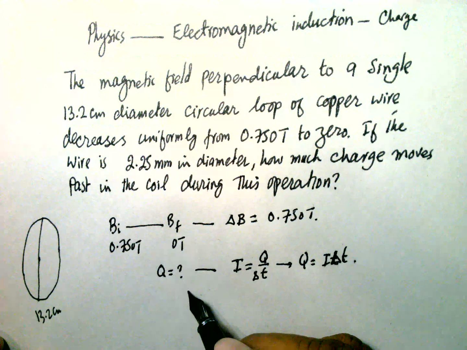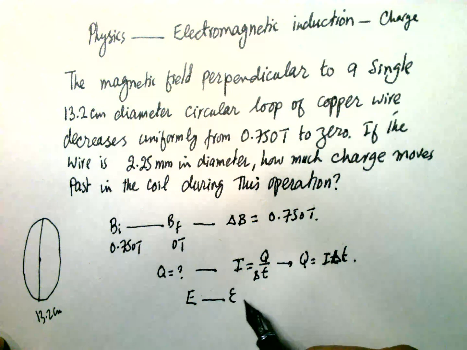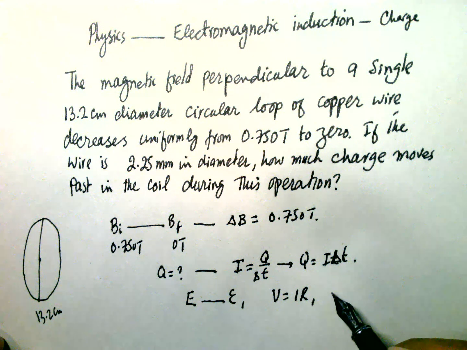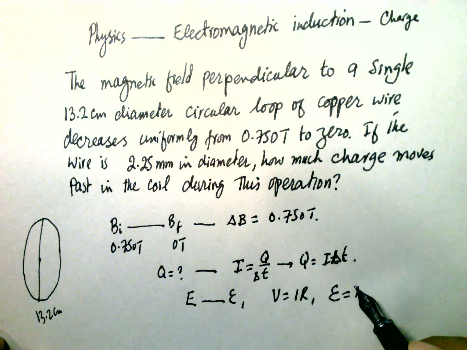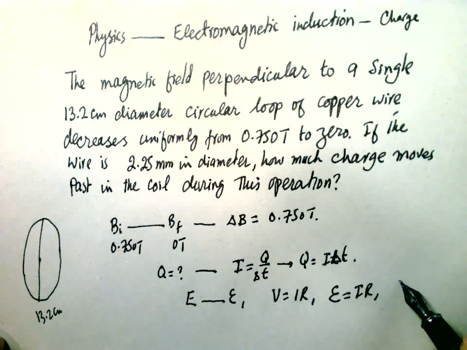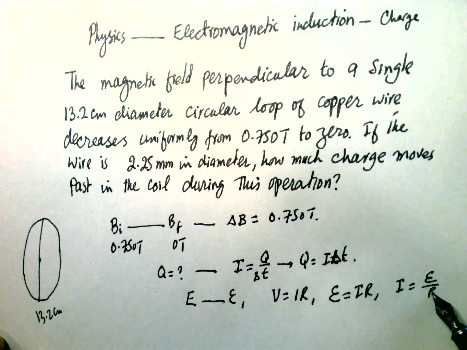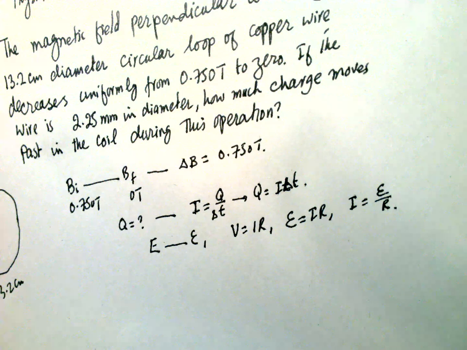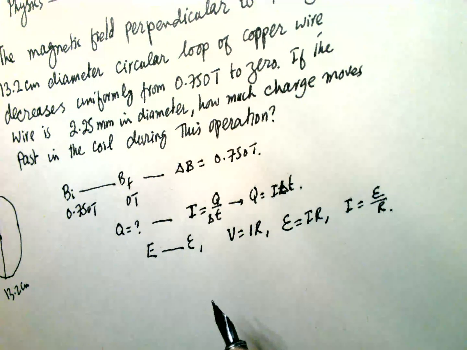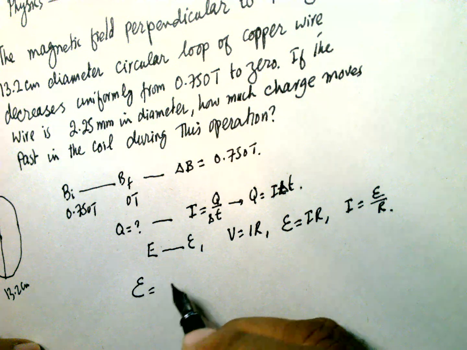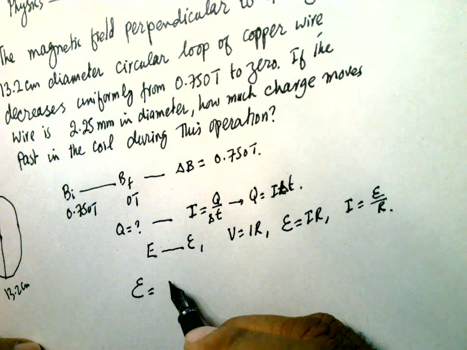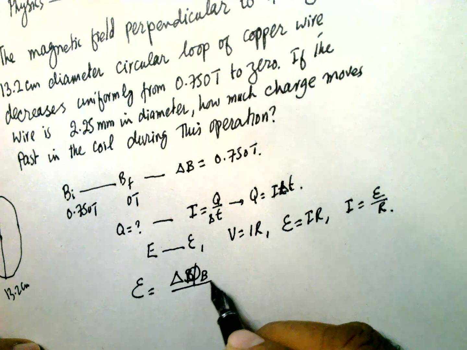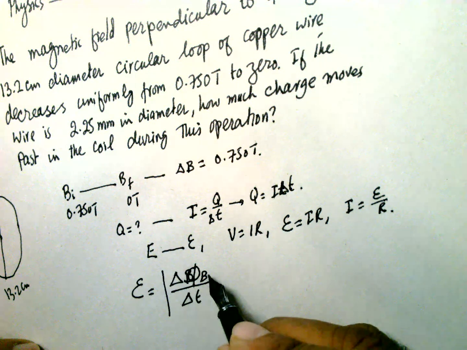And current is related to EMF. V is equal to IR, Ohm's law. So EMF is equal to IR, and I is equal to EMF over R. From Faraday's law, the magnitude of the EMF is the rate of change of the magnetic flux, delta phi B over delta T, modulus.